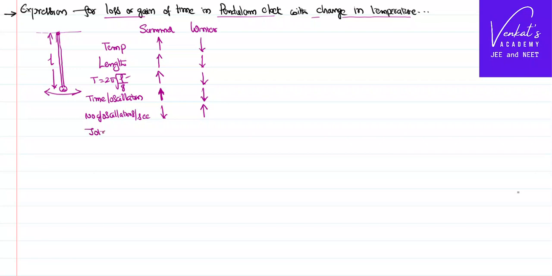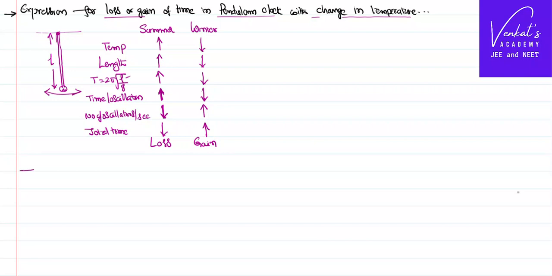Then what happens to the total time? Here, the number of oscillations per second has reduced, so it makes fewer oscillations. It shows less time. Then there is a loss of time in summer, and there is a gain of time in winter.